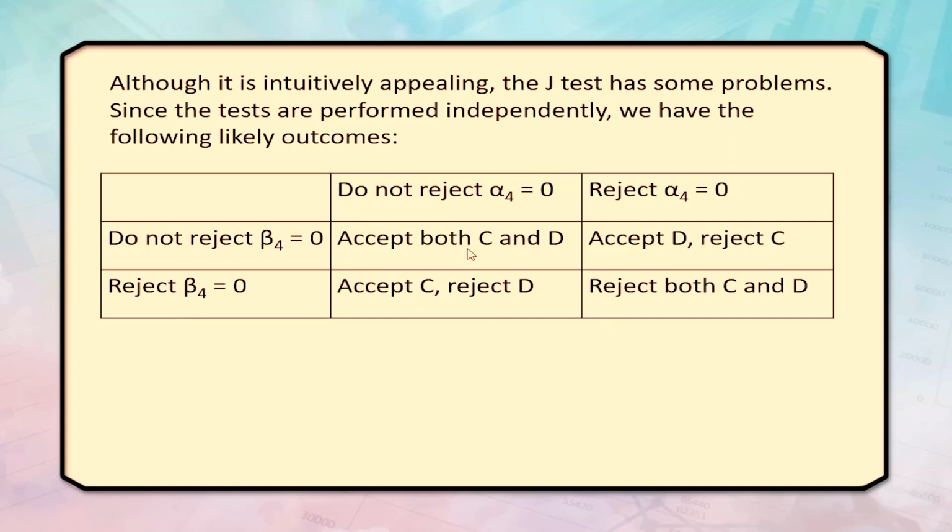Accordingly, there are 4 possibilities where we can either accept both C and D, which makes it a bit difficult to choose, or we can reject both C and D, which is also equally difficult, or we can have some two good results where in one case we accept D and reject C, and in the other case we accept C and reject D.